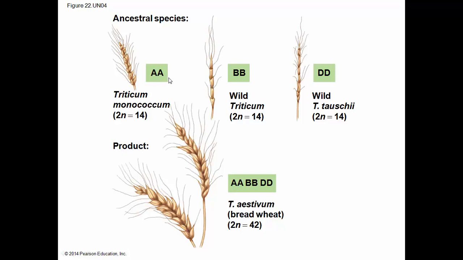And then it crossed with wild Triticum tauschii, and this cross produced a more viable, more attractive wheat, and this is the wheat that becomes bread wheat. So because of polyploidy in these species, here's the original diploid species combining to create the 42 chromosomes here. That creates the bread wheat.